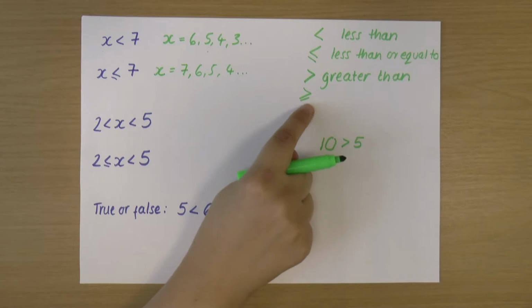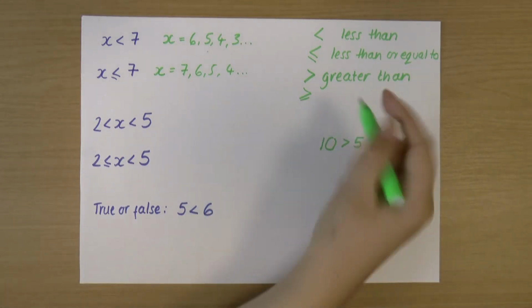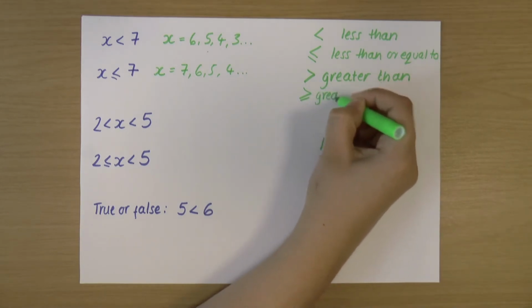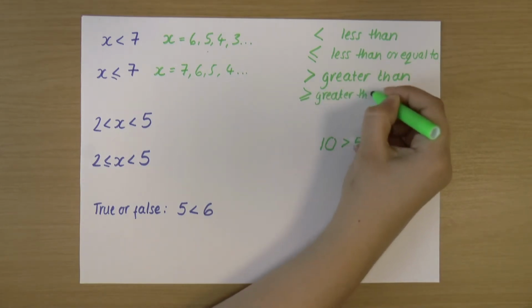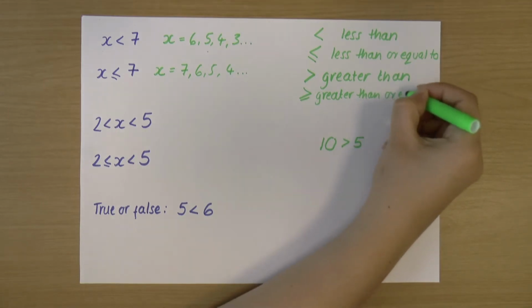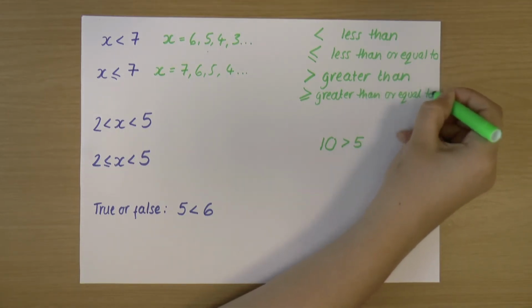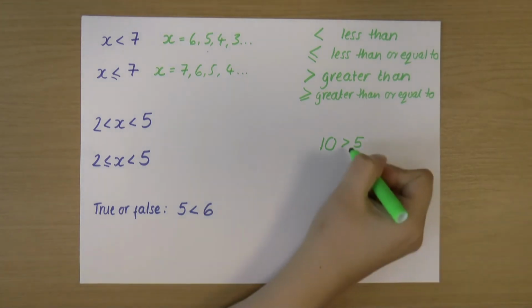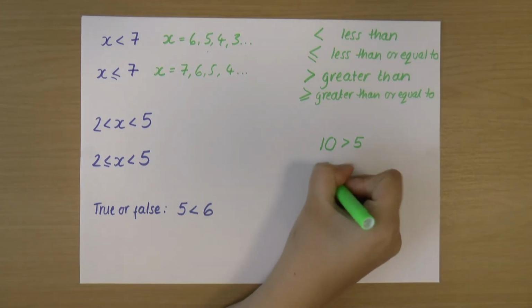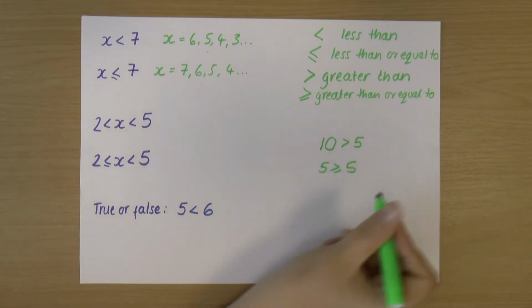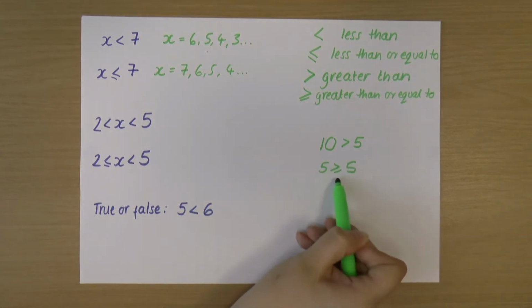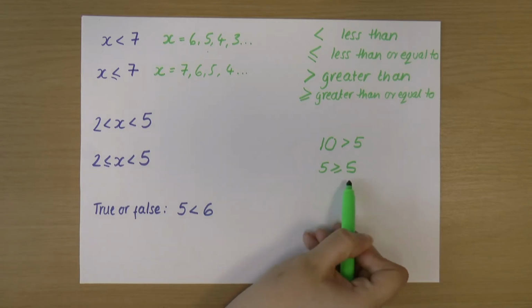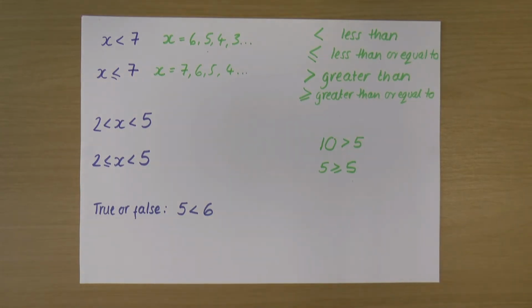And again, we can have an or equal to version of this. So we've got greater than or equal to. So if I had, that is saying 5 is greater than or equal to 5. And it is, because it is equal to it. Okay, so those are the basic symbols.